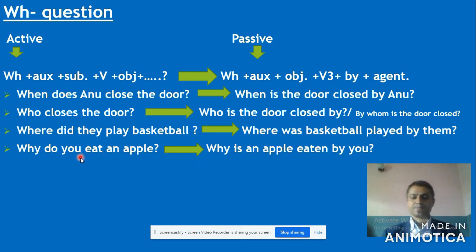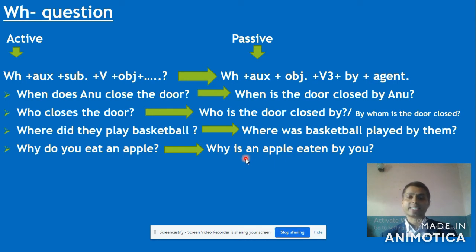Well, now look at the next example sentence under this same category. Here, you can hear, why do you eat an apple? Right? Why do you eat an apple? We use the same here. So this sentence belongs to the simple present category as well. So either "is" or "are". What we are going to write here is "is", because "an apple" is a singular subject.